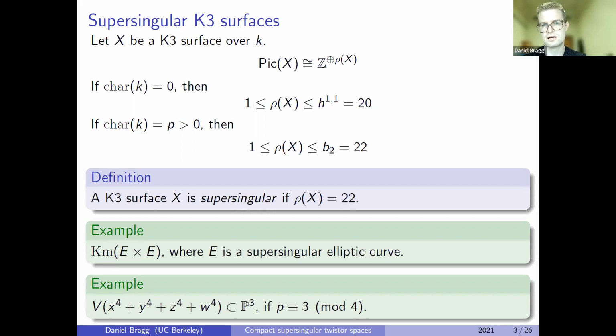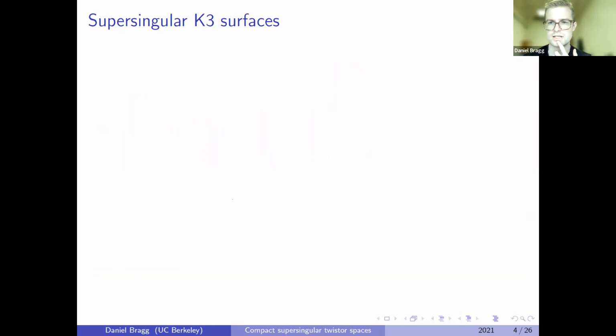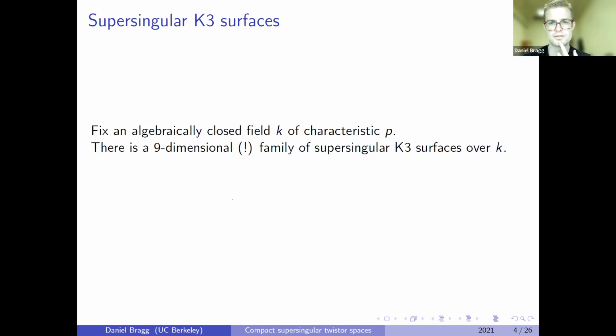If you're looking for interesting phenomena in positive characteristic, supersingular K3 surfaces or varieties exhibit a lot of interesting new things. Here are some facts about supersingular K3 surfaces, some of which might be surprising if you haven't seen this before. Let's say k is algebraically closed of characteristic p. There are actually a lot of supersingular K3 surfaces; there's a 9-dimensional family of them.